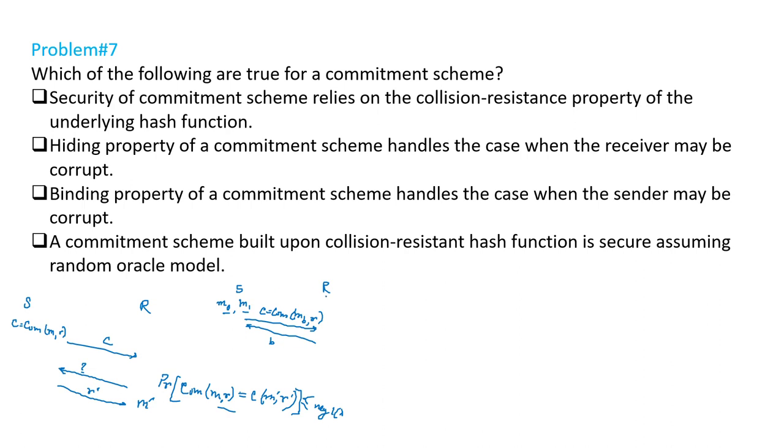The purposes are different for the commitment scheme and the encryption scheme. In an encryption scheme, privacy is the only concern: for a particular message you get a ciphertext, and without the valid decrypting key you know nothing about the underlying message.